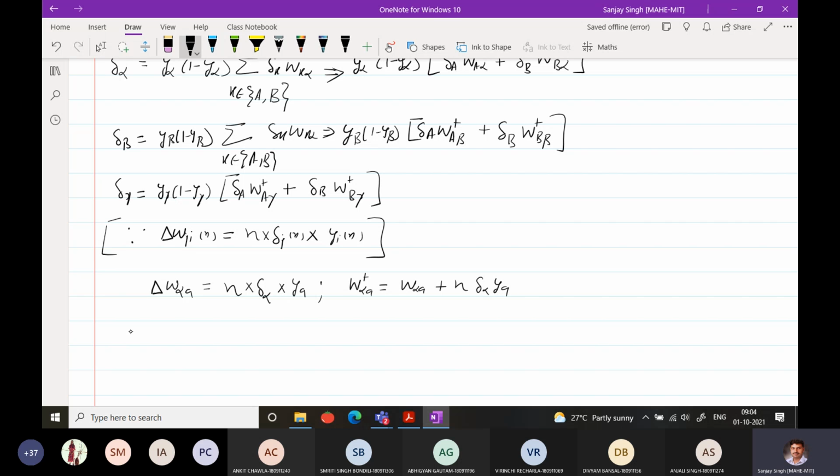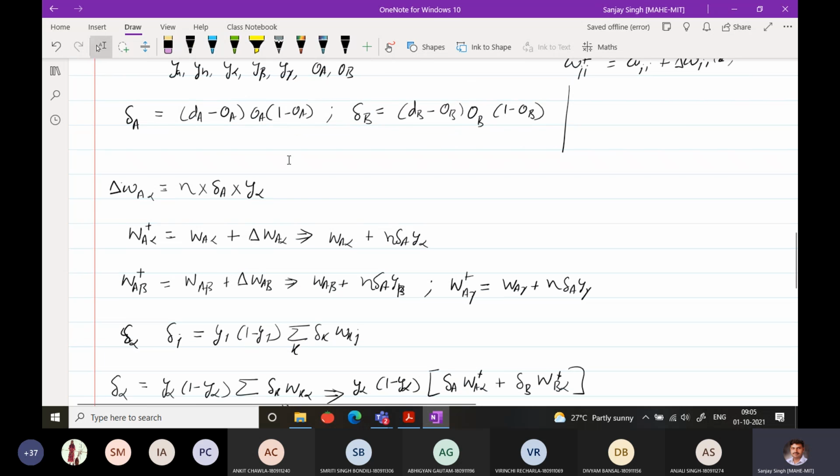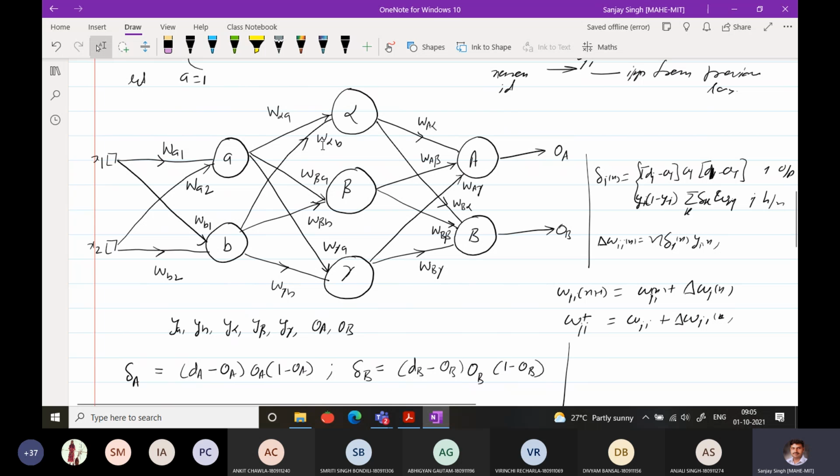Likewise, I can calculate straight away all those things. So I can say W plus alpha B equals W alpha B plus eta times delta alpha Yb. Done. So these two weights you got.